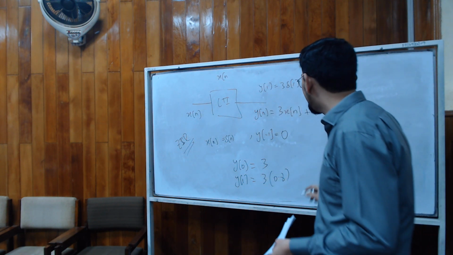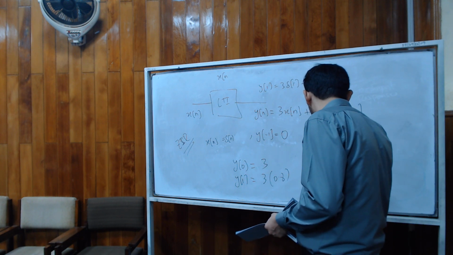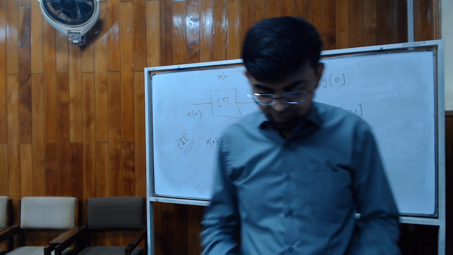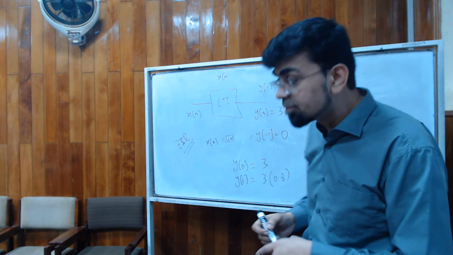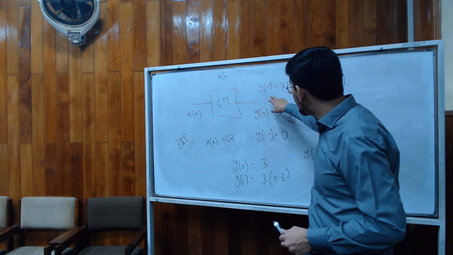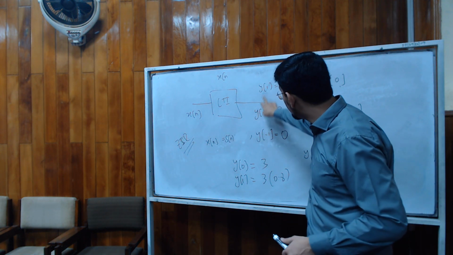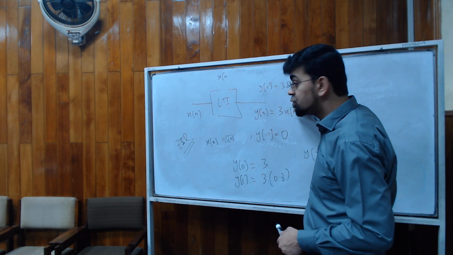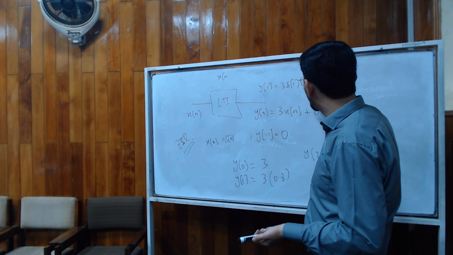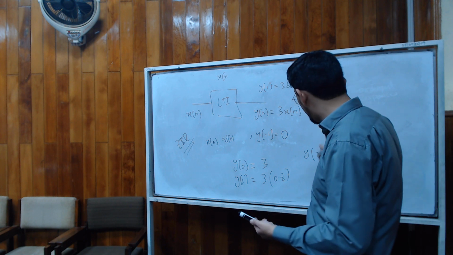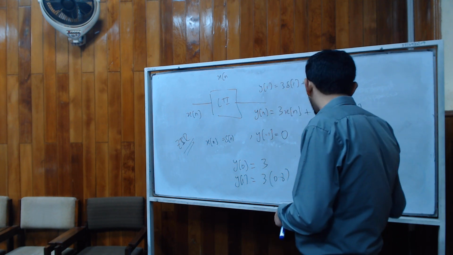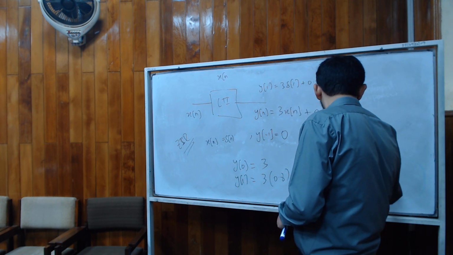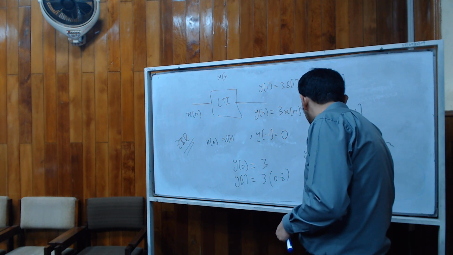Now quickly tell me y2. For y2 we will use y1. So y2 is 3 delta 2, which is 0, plus 0.8 y1. It will be clear now.